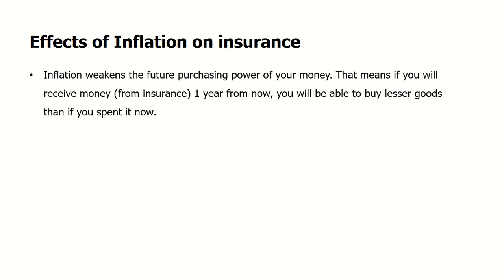So if you will receive an inheritance of, let's say, 1 million in 10 years' time, you will be able to buy fewer goods and services than if you receive that 1 million today, because of inflation.